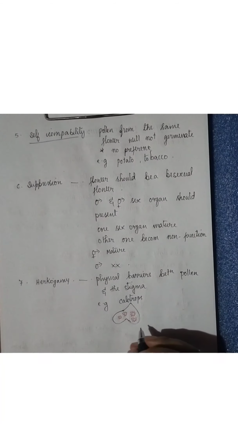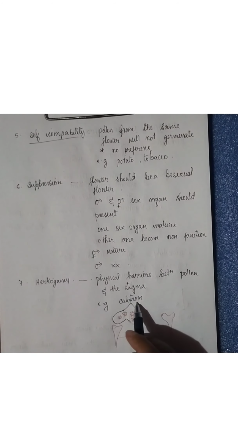So if they land on a stigma, there is a physical barrier. So for this, there should be an agent or pollinator which can carry this pollen grain and put it on the stigma of another flower. So we can find this in calotropis.